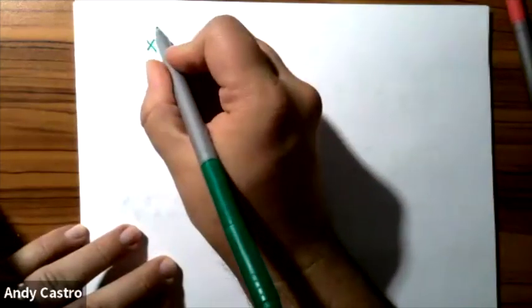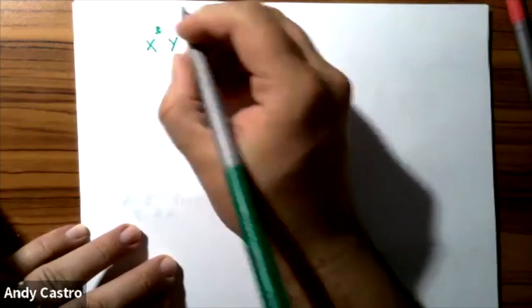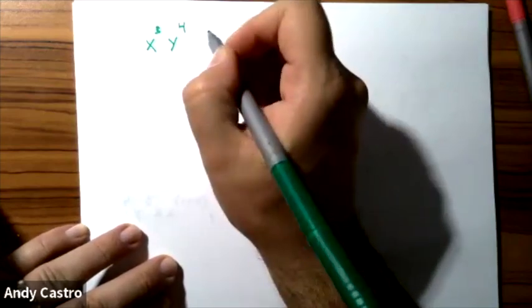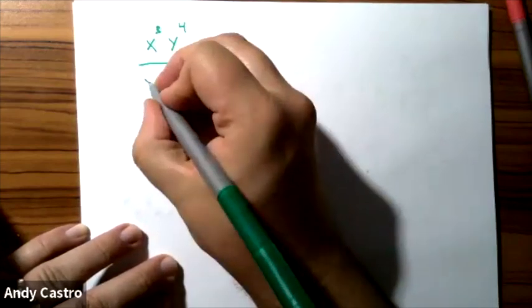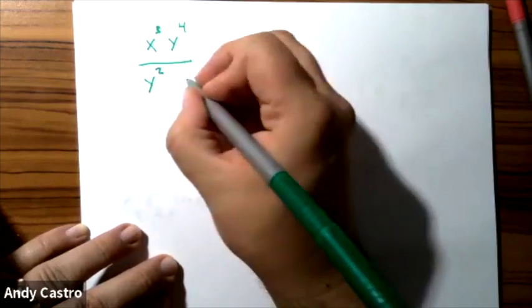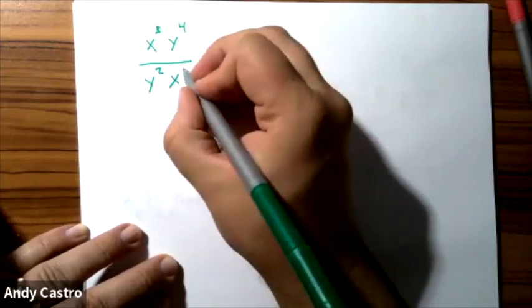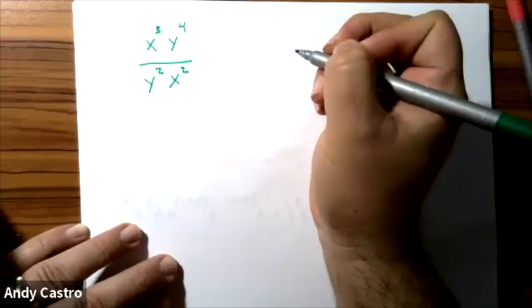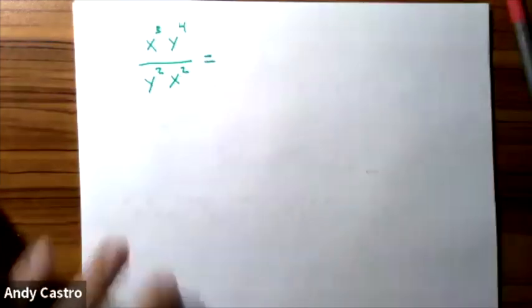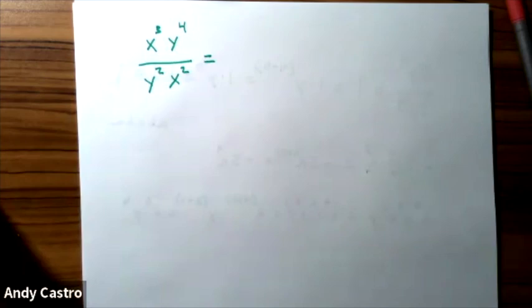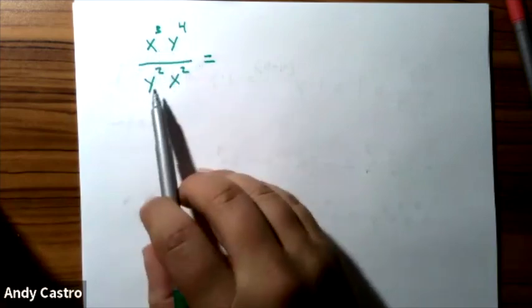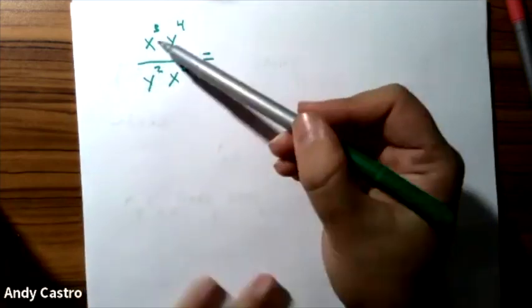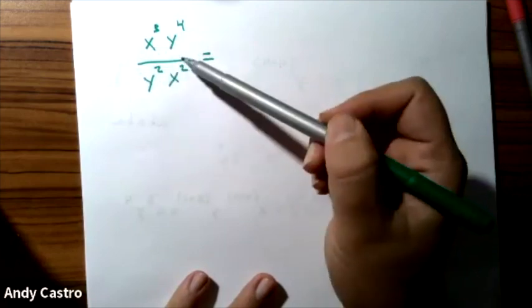Now let's do x to the third times y to the 4th over y to the second times x squared. So here I have factors on top, factors on bottom, and I notice I have x's and y's.